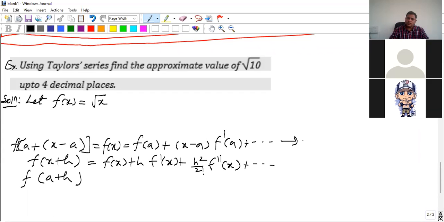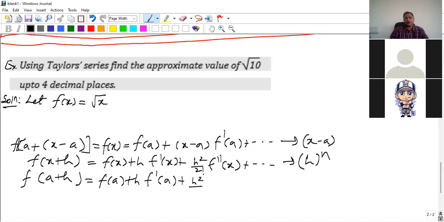This will generate the expansion in terms of x minus a. This will generate the expansion in terms of h raised to n. If we simplify this, it will be f of a plus h times f dash at a plus h square by 2 factorial f double dash at a. So this is what we will be having.